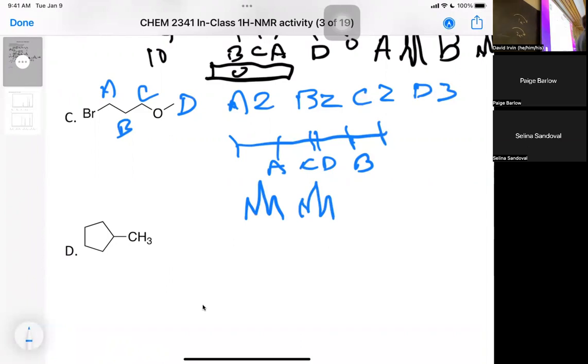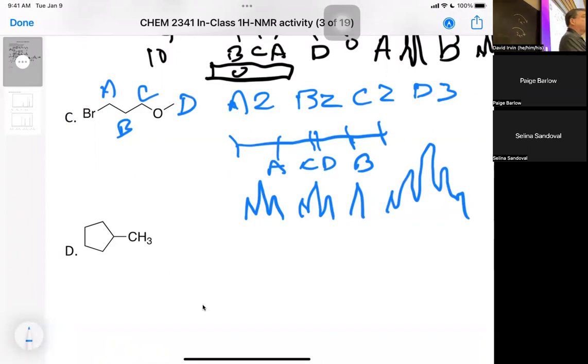D has 0 hydrogens within 3 bonds. So 0 + 1 is equal to 1. And B, how many hydrogens are within 3 bonds? 4. So it's going to be 4 + 1 is 5. So we have to draw it symmetrically. There we go. All right. Did everybody get that? All right.